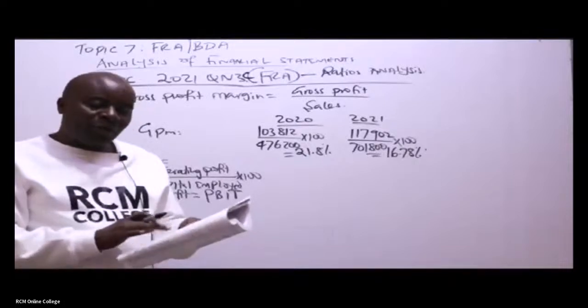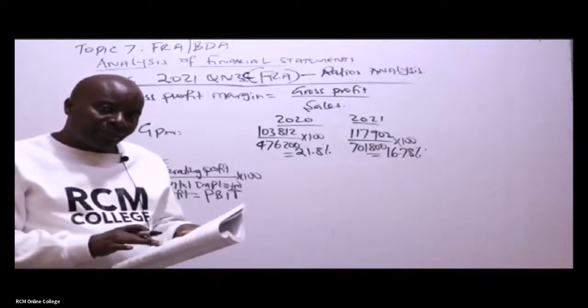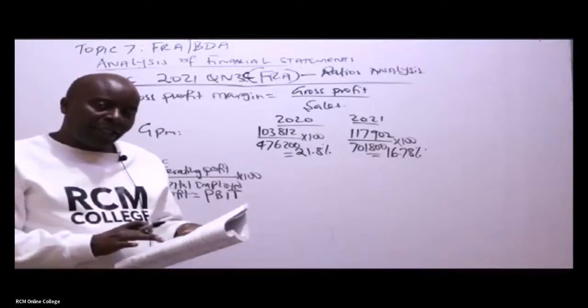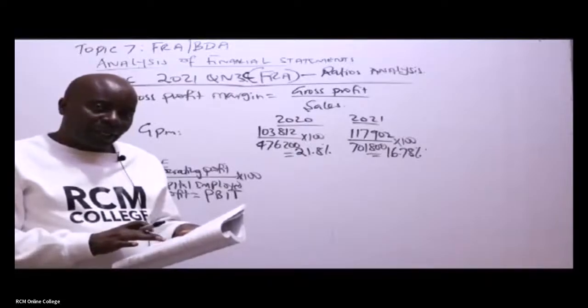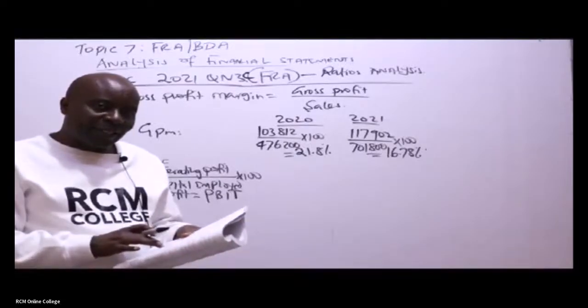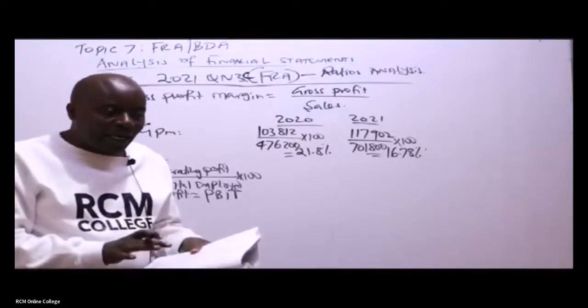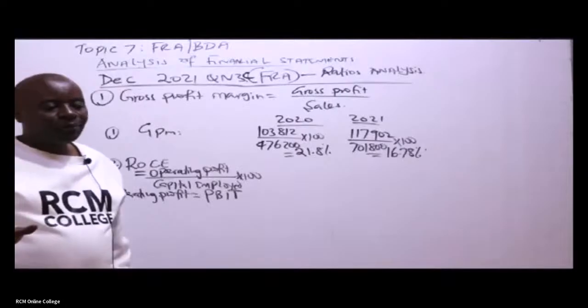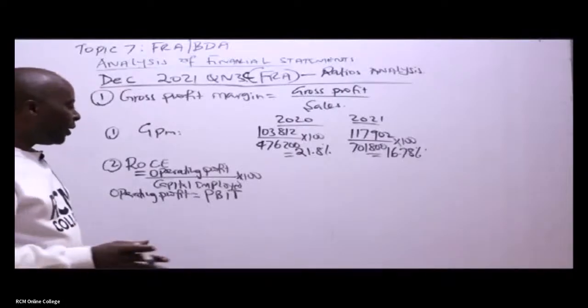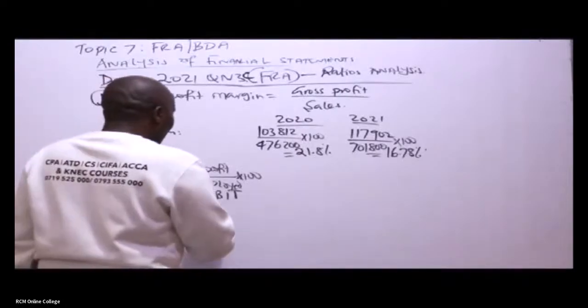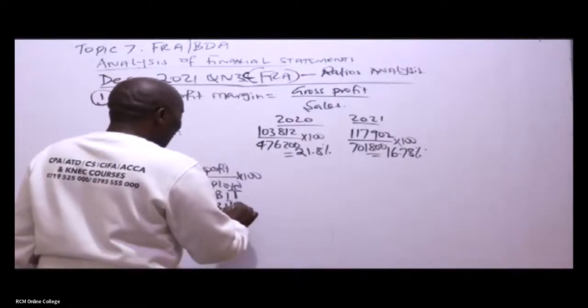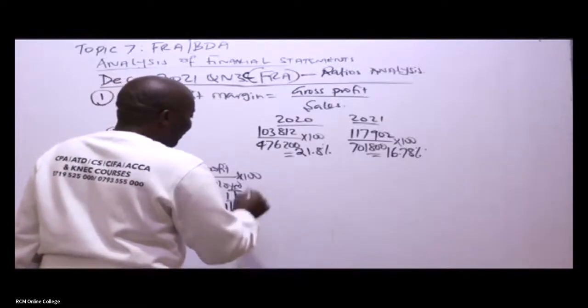Because you see, this figure is profit before tax. To arrive at that, they subtracted the interest. Interest is the same as finance cost. So to undo that, we add back the interest charge. So in this question, this will be PBT plus interest.